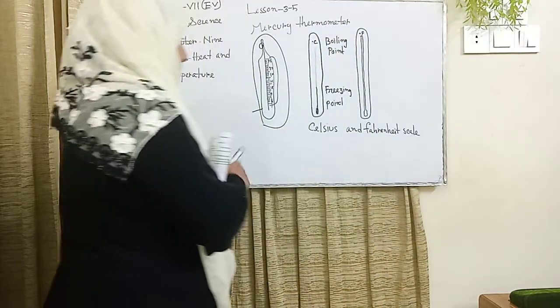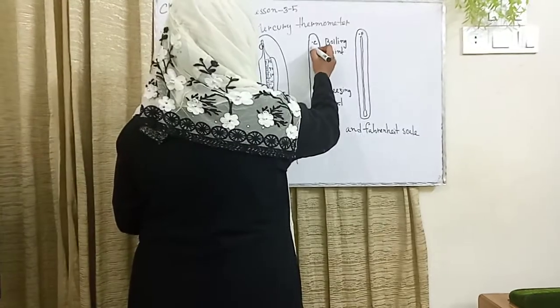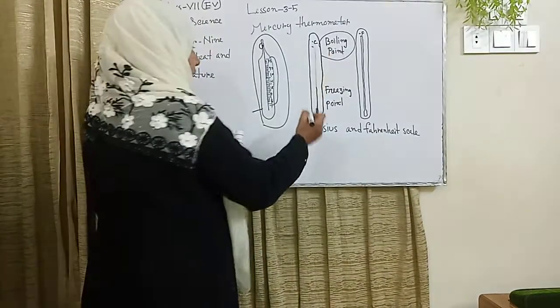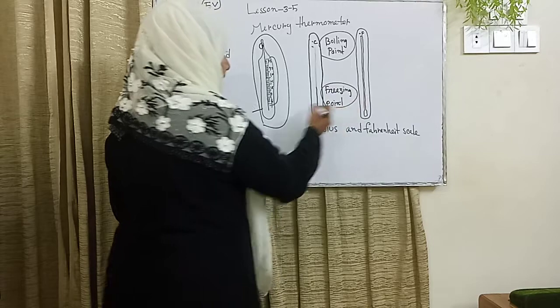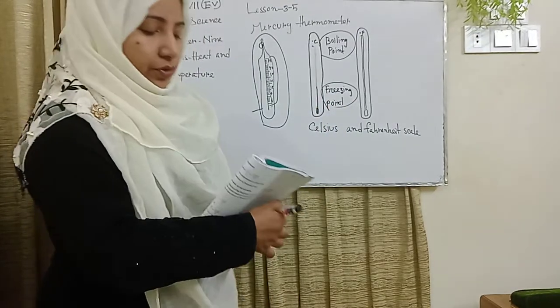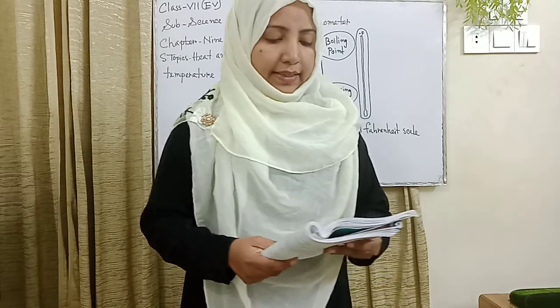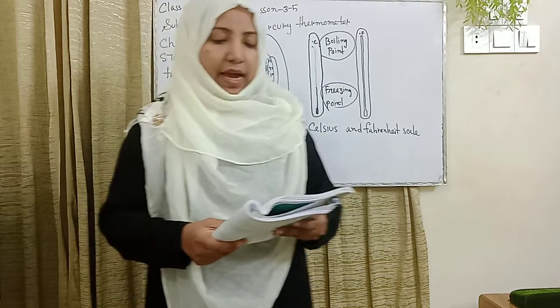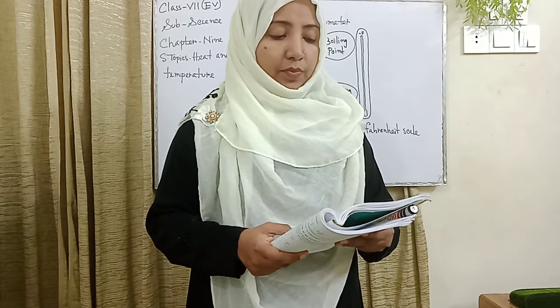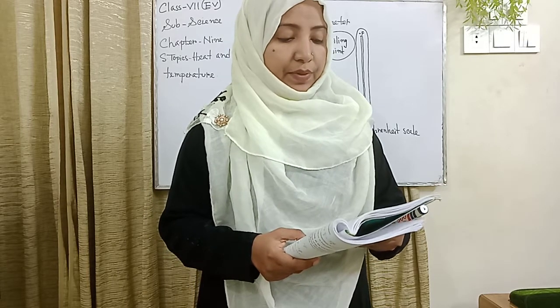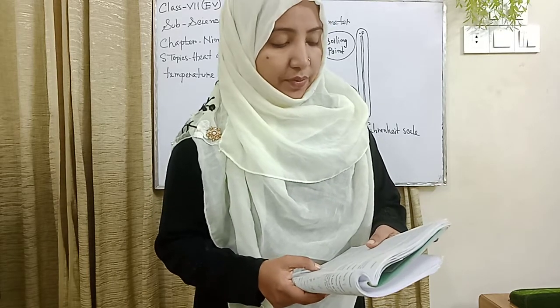Here I draw the boiling point and the freezing point. What is the freezing point? The temperature at which pure ice melts under normal atmospheric pressure is called the freezing point.